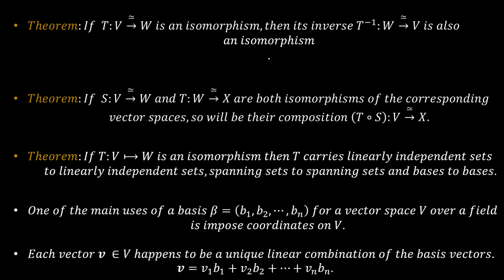So if you have, for example, the n-dimensional vector space, you see that it's the same as having a linear combination of the basis vectors b1, b2, all the way up to bn, with these combination constants or coefficients v1, v2, v3, all the way up to vn.